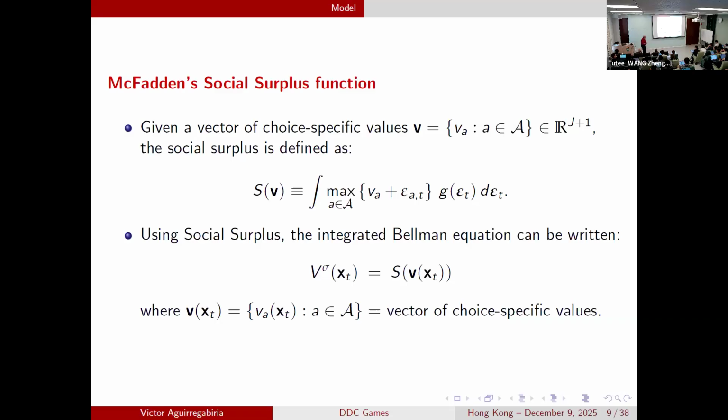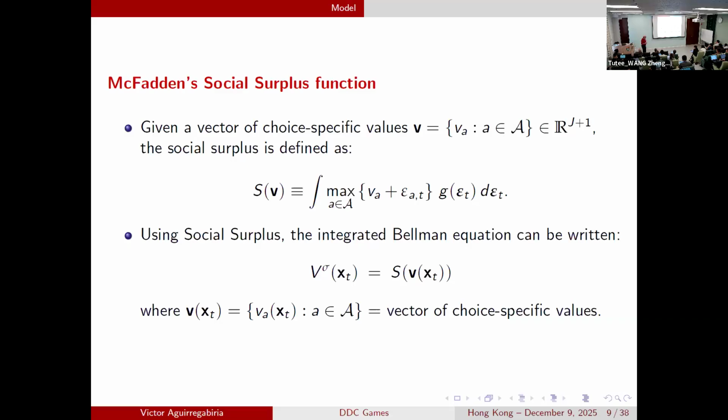And by using this definition, Bob has basically been using this equivalence all the time. He has been using the term integrated value function. He has called it the social surplus, and it is the social surplus, but it's not McFadden's social surplus function. I'm going to emphasize here that McFadden's social surplus function is this value as a function of the vector of conditional choice values.